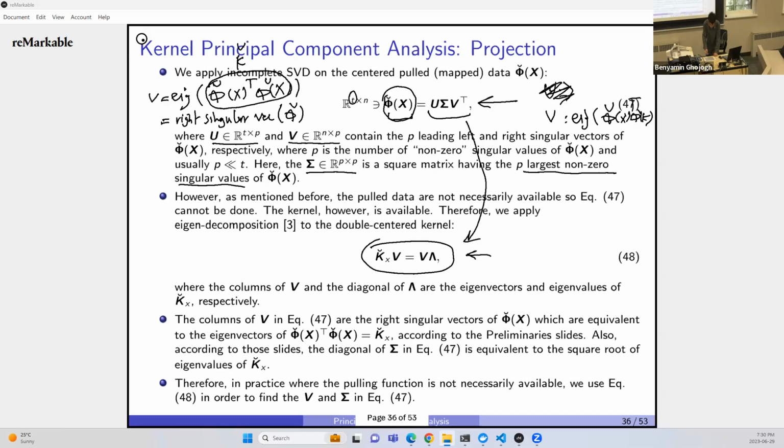So I can write equation 48, the eigenvalue decomposition of K hat, where V is the eigenvectors. I have the kernel, therefore I have K hat, therefore I can do equation 48.